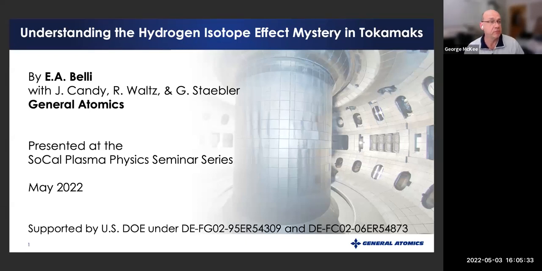Emily, just as a brief introduction, is a research scientist in the Theory and Computational Science Division in the Magnetic Fusion Group at General Atomics. She received her PhD from Princeton University in the Astrophysical Sciences Department. Since coming to General Atomics, she's focused on development of turbulence models and high performance computing codes to implement these models and calculate transport, both neoclassical and turbulent. Some of her codes are very well known nationally and internationally.